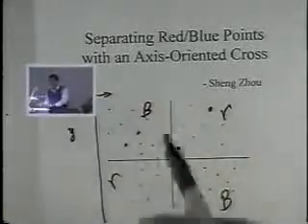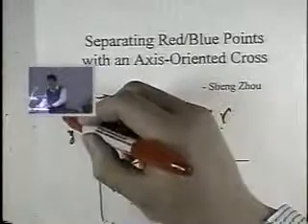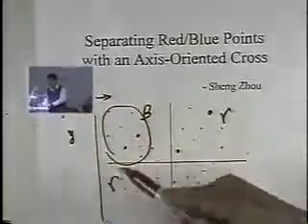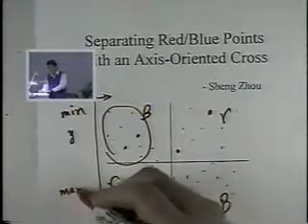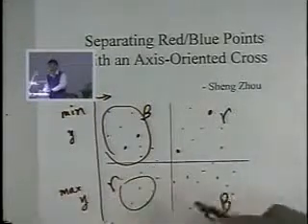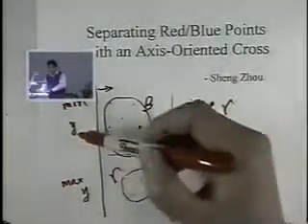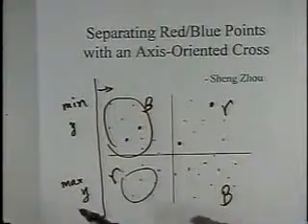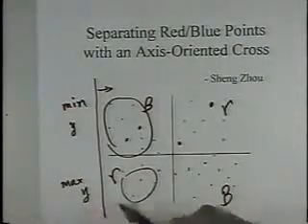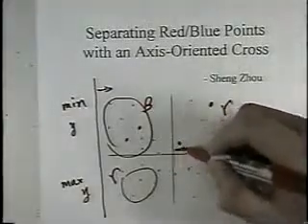Then later on we can see this part has a minimum y coordinate, and this part has a maximum y coordinate. If they are separable, the minimum y of the blue color should be bigger than the maximum y of the red coordinate, until it meets some point like this.